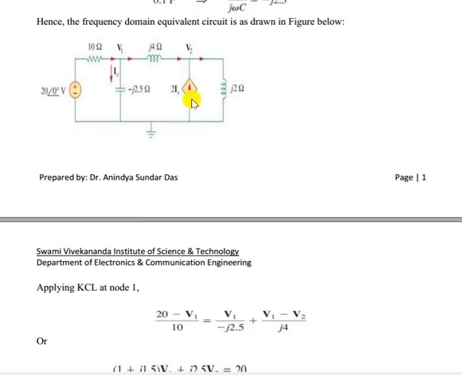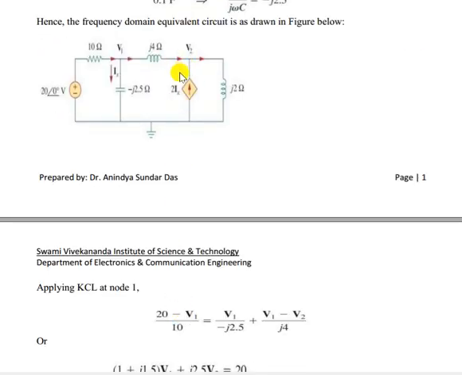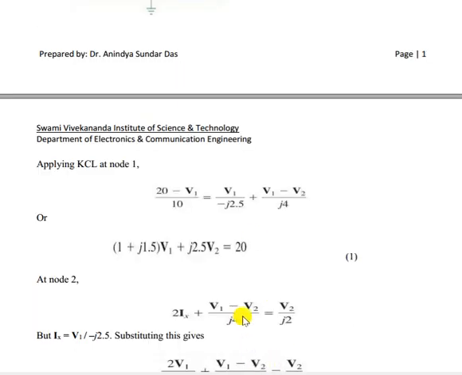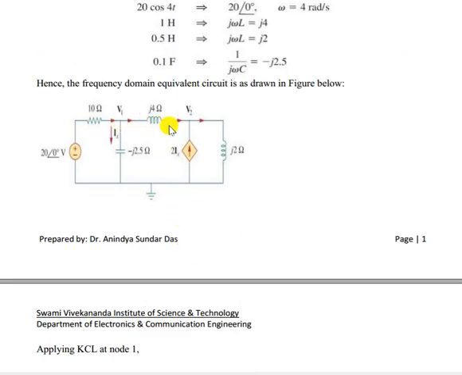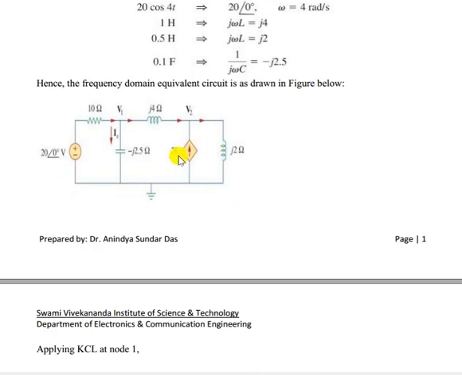At node 2, the current entering is 2Ix, which is positive. Again, entering current, V1 minus V2 divided by j4, so this current is also entering, then V2 minus 0 divided by j2, which is leaving. So entering current equals leaving current, and Ix is the dependent source variable, which is given here.